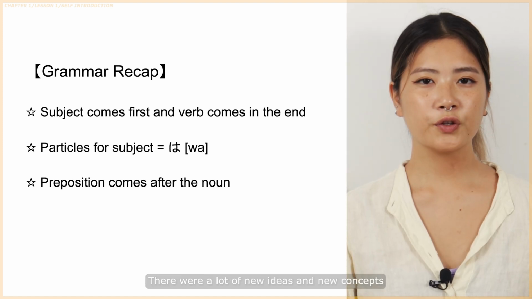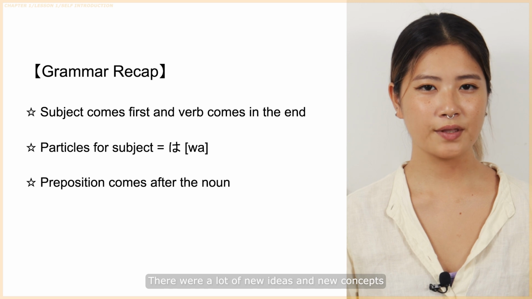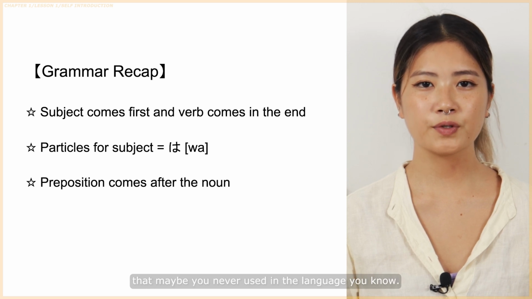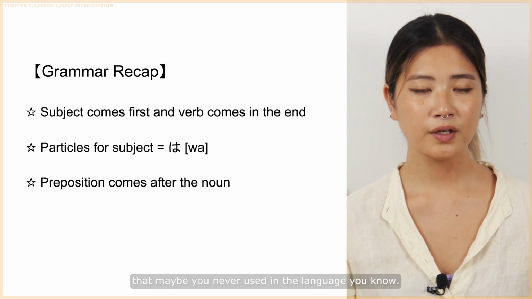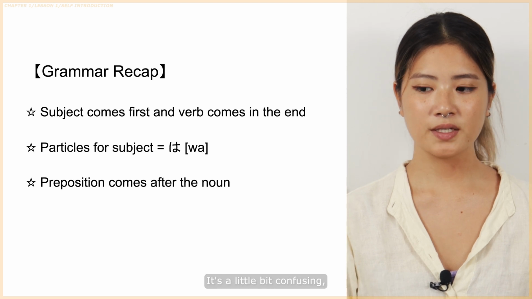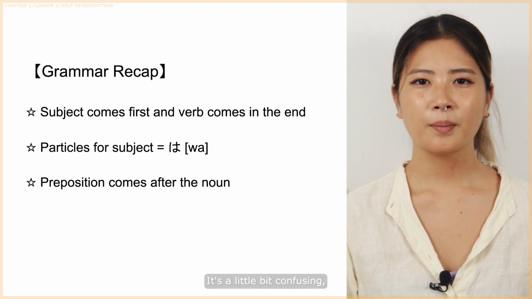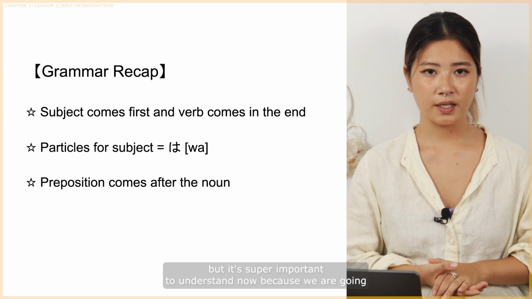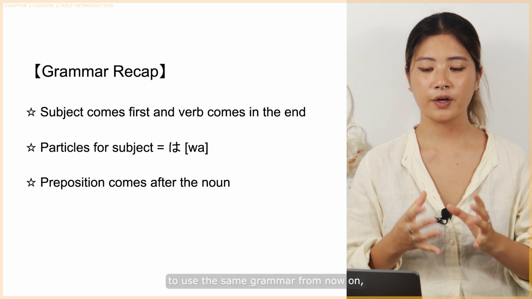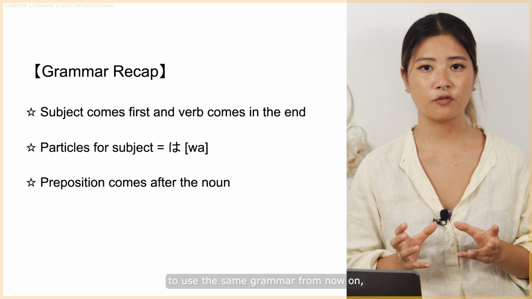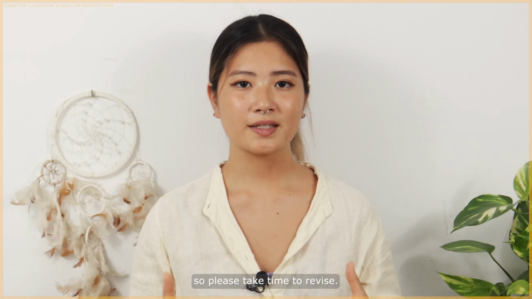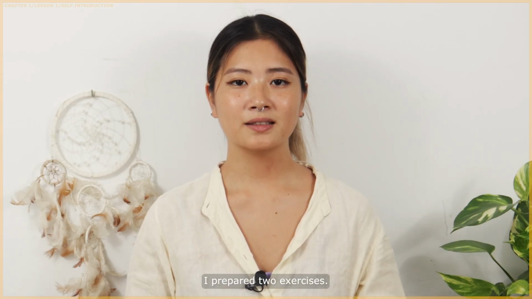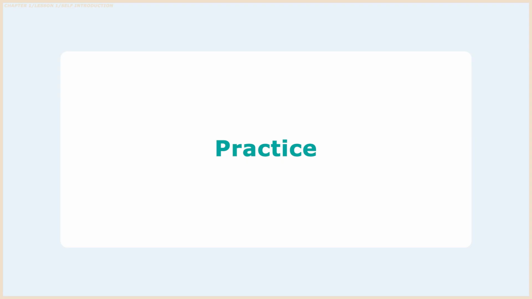There were a lot of new ideas, new concepts that maybe you never used in the language you know. So it's a little bit confusing, but it's super important to understand now because we're going to use the same grammar from now on. So please take time to revise. And I prepared 2 exercises.